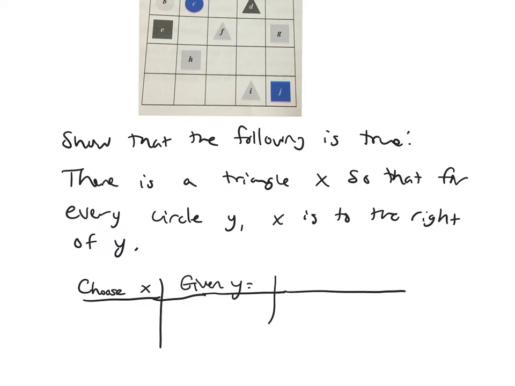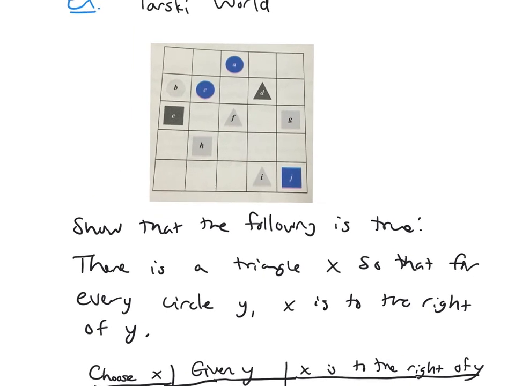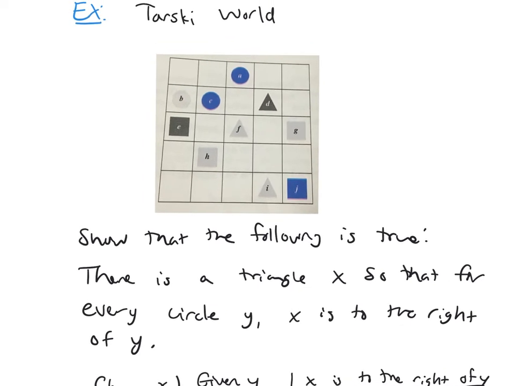I want X to be to the right of Y. So I'm trying to find a triangle, let's look at the picture, a triangle that's to the right of every circle. So let's find a triangle that's to the right of every circle.